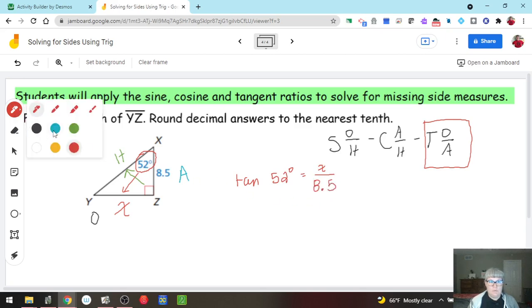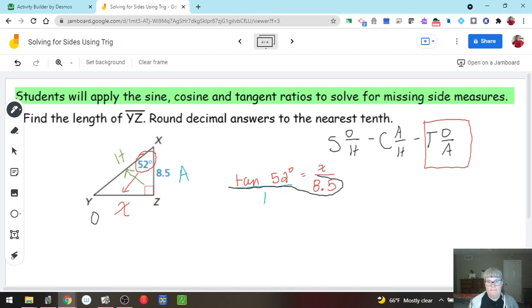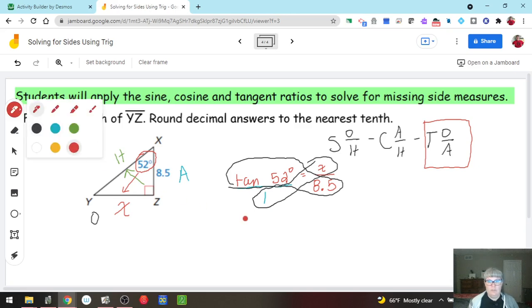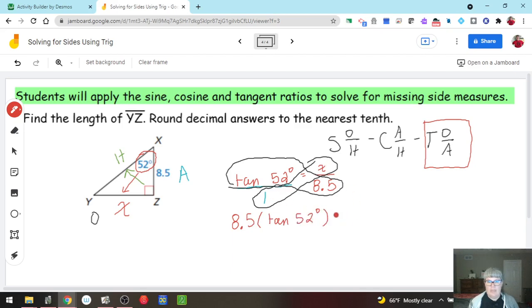And just like the last one where I wrote it as a proportion, I can do the same here. And what you're going to find when you use the butterfly method is I'm going to end up with just multiplying 8.5 times the tangent of 52 degrees. Because 1 times x is just x.